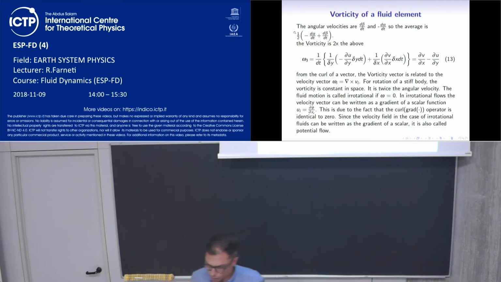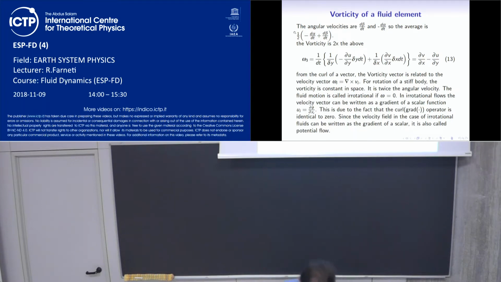And then associated with the shear, you can also define vorticity. We looked again at a simple example, and we defined vorticity to be the right-hand side of equation 13.